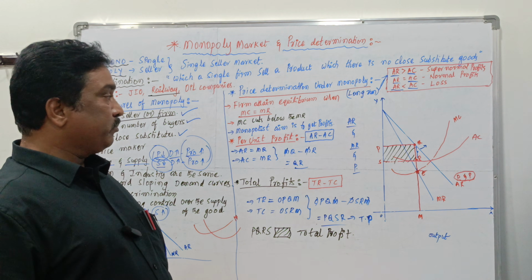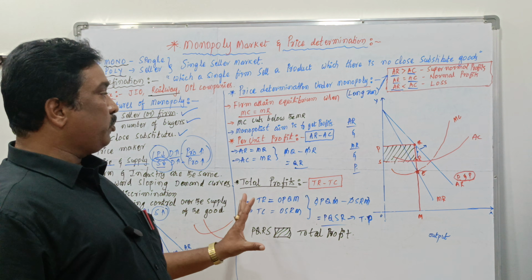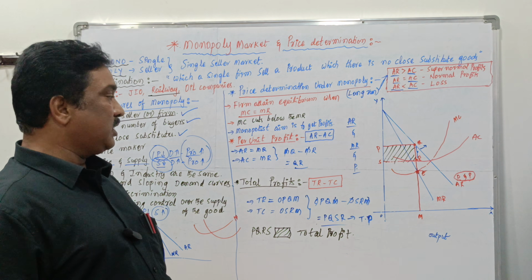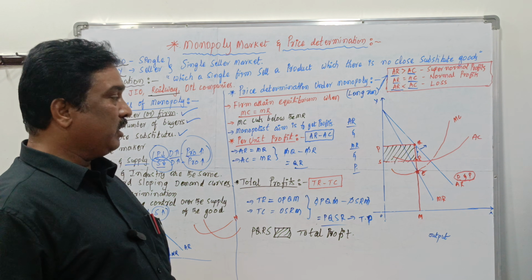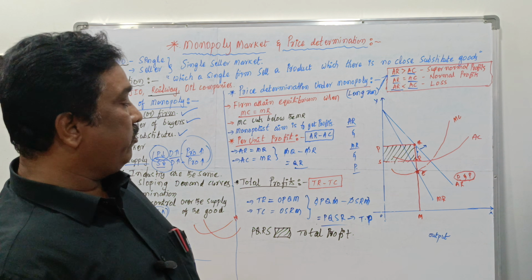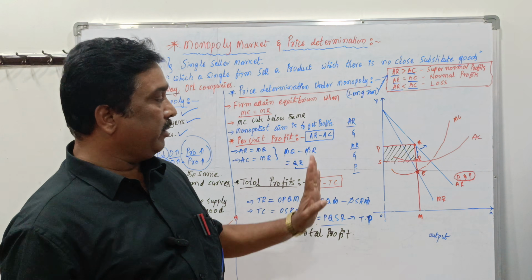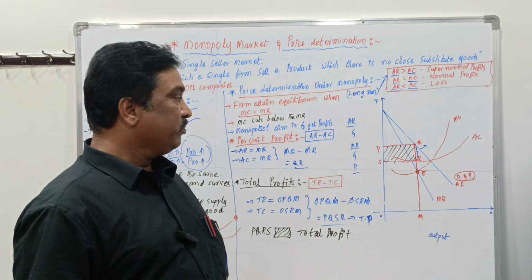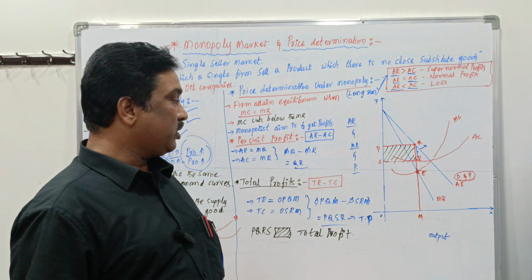So this is the monopoly market and price determination under the monopoly market. We have to draw this neatly. We have to draw the graph and show the calculation part also.